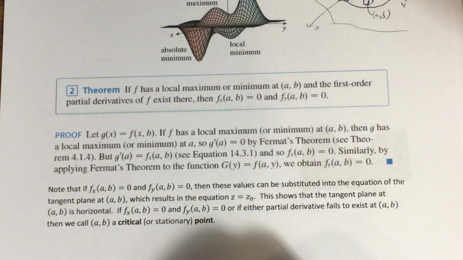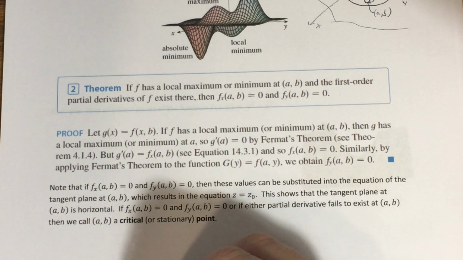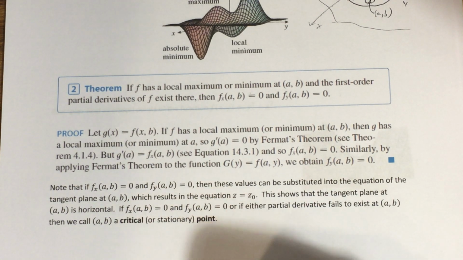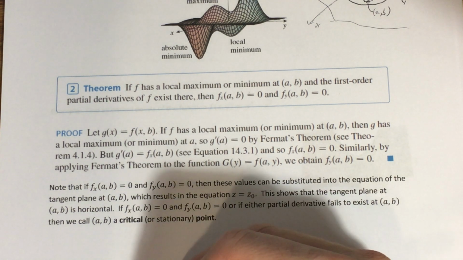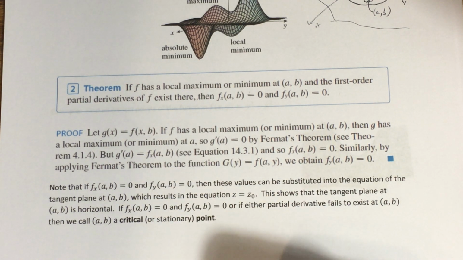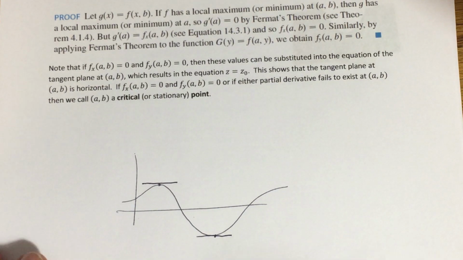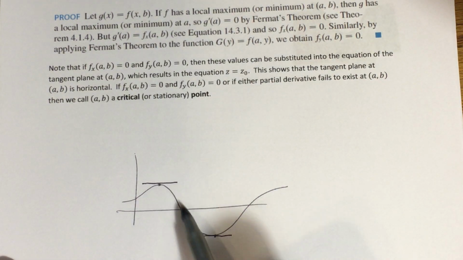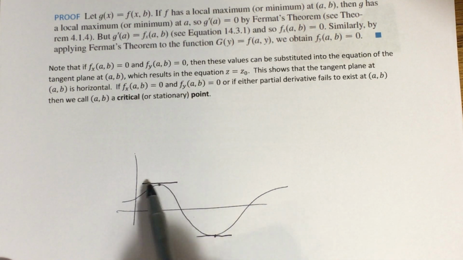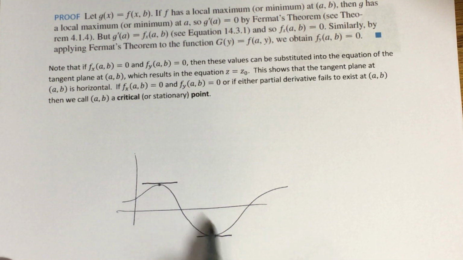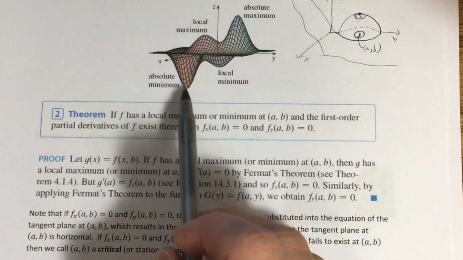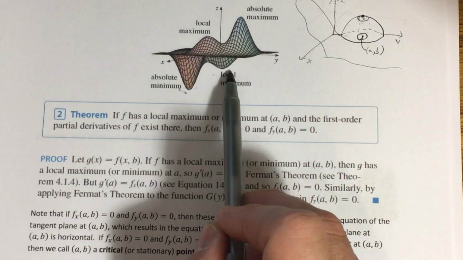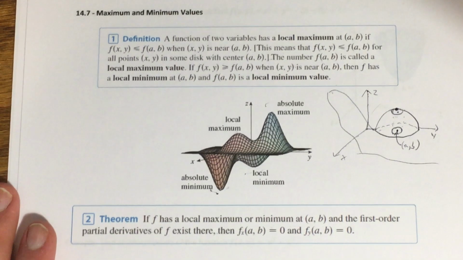Very similar to the corresponding concept in Calculus 1, where at critical points you have horizontal tangent lines. Right? I just drew that without showing you. So if I have a curve and I'm looking for those critical numbers where the function is differentiable, we get these horizontal tangents there. In this case, we get horizontal tangent planes. Okay, so it's kind of a similar idea.